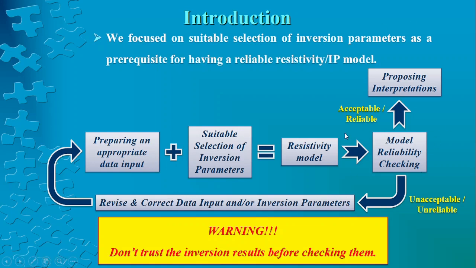In this session I'm going to address this question. The inversion results should not be trusted all the time before being checked. So it is important to check them, especially if you're dealing with a noisy or problematic dataset. This is going to be important for you if you're working with challenging datasets.